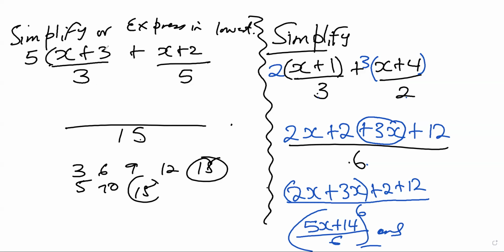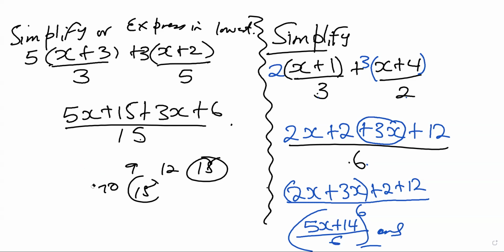So we multiply 5 by everything in the bracket. 5 times x, 5x. 5 times 3, 15. Same thing, 5 into 15, 3 times. 3 times x, 3x. 3 times 2, 6.